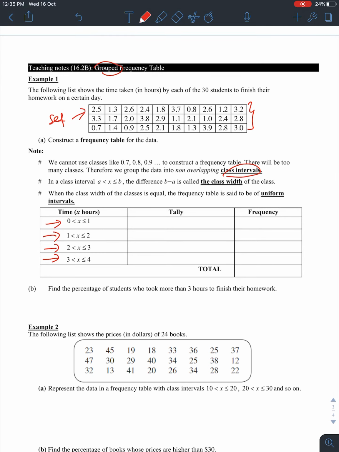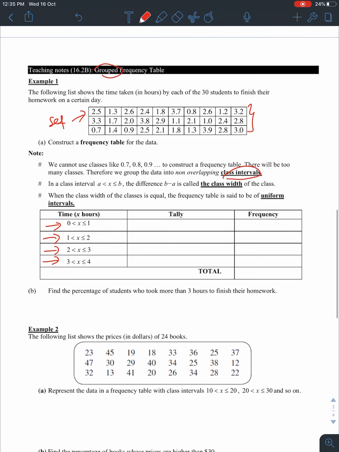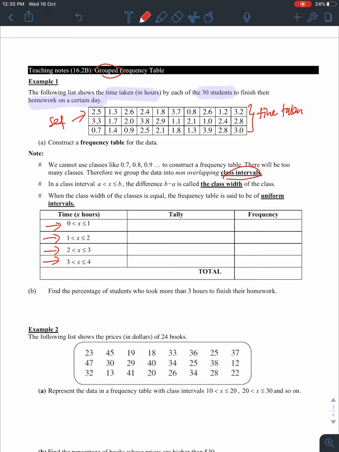The context of the question is that we are given time taken in hours by each of the 30 students to finish their homework.